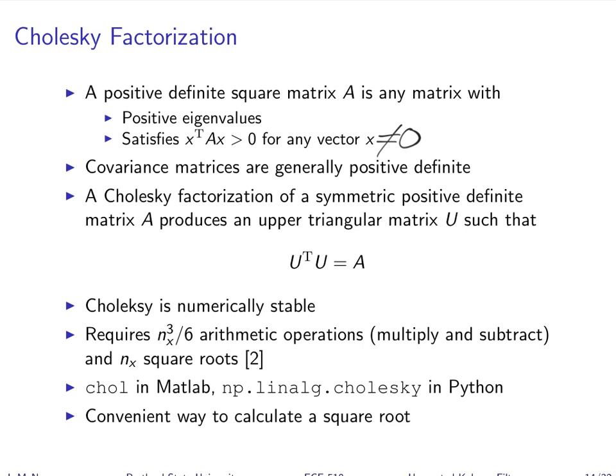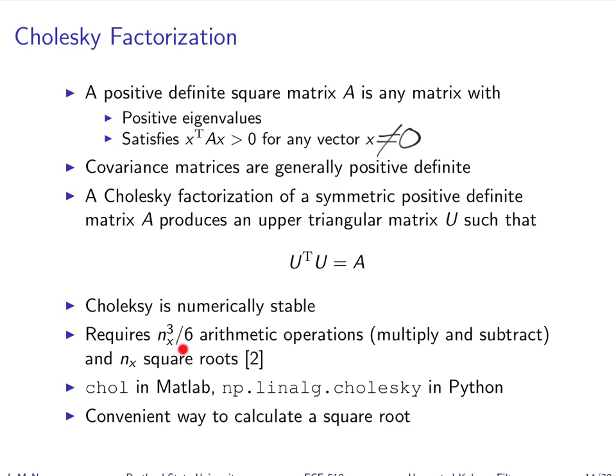And if you happen to have a symmetric positive definite matrix, then the Cholesky factorization produces an upper triangular matrix that satisfies the square root property. This is a pretty efficient algorithm, and it's quite stable numerically. You don't tend to have quantization problems with this algorithm.